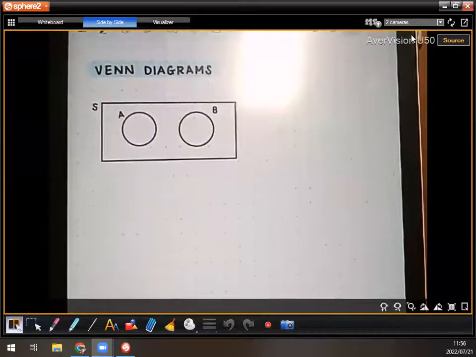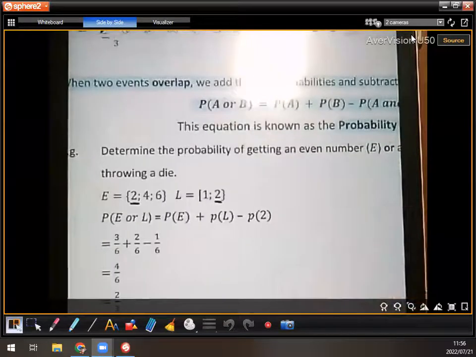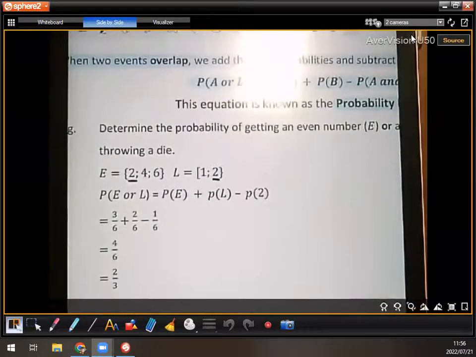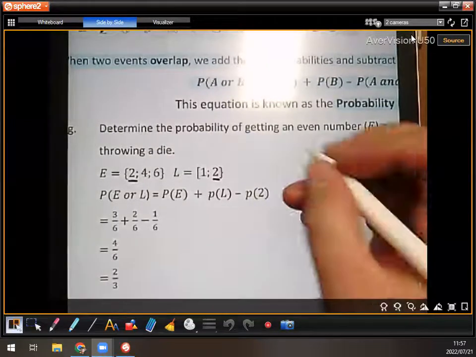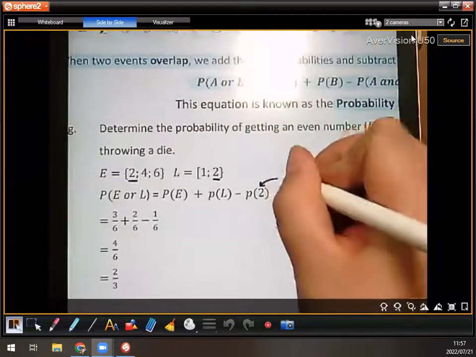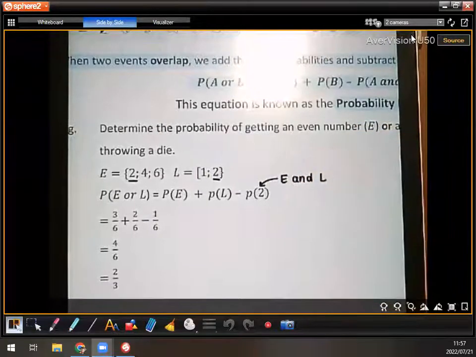Oh, I see what you're saying. I didn't even notice that. What notationally? Just check. Sorry guys, I wasn't paying attention. Here they've written minus the probability of 2, but you could also just write B and L. Is that your question? I don't know why, it's probably a typo, that's okay.